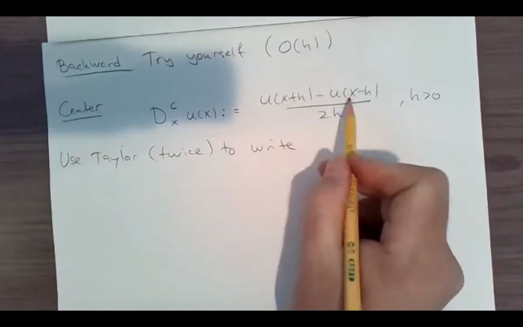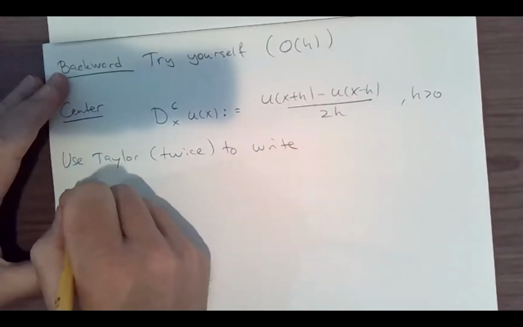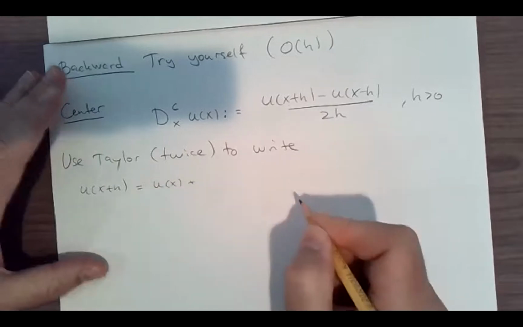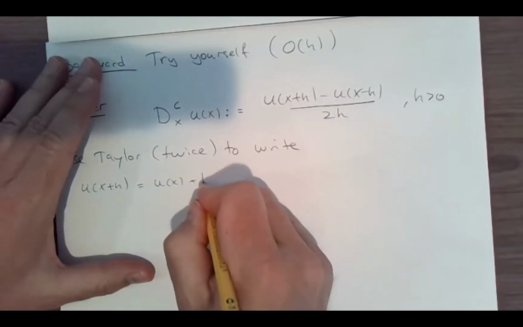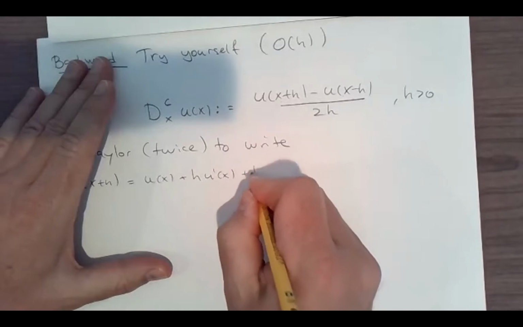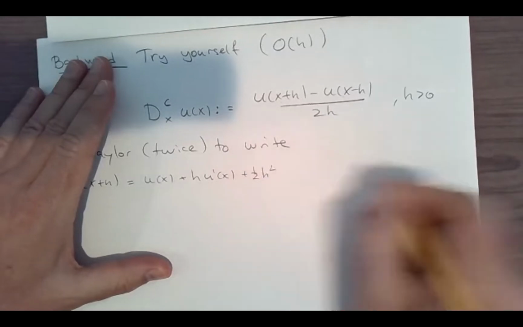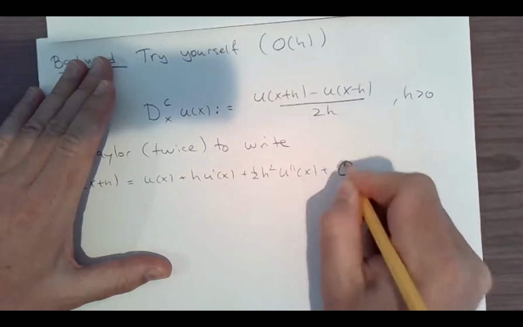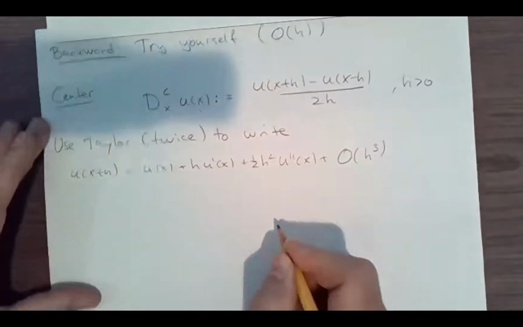We're going to expand these two out. So I'll get, as before, the first one: u of x plus h u prime of x, then 1/2 h squared u double prime of x plus big O of h to the power 3.